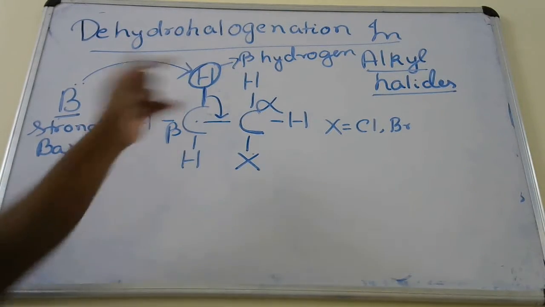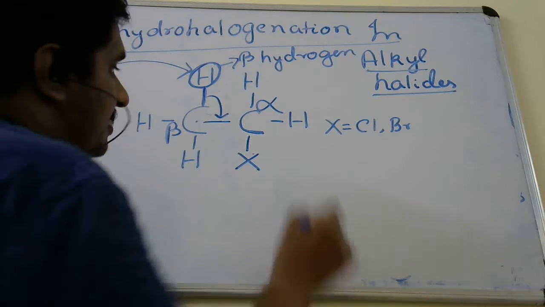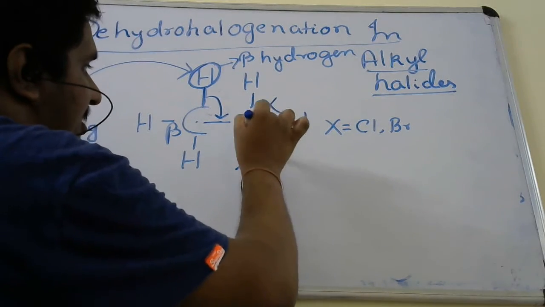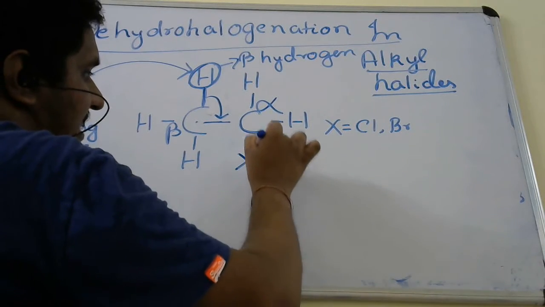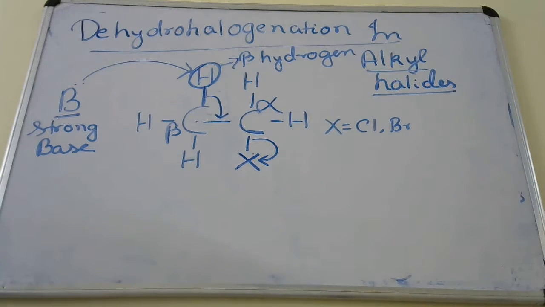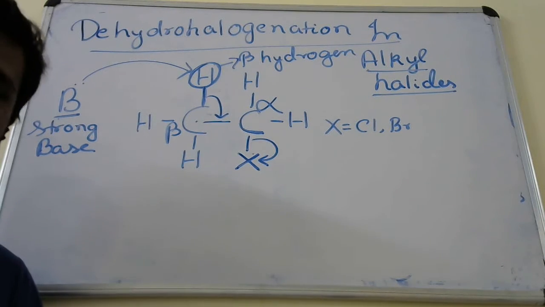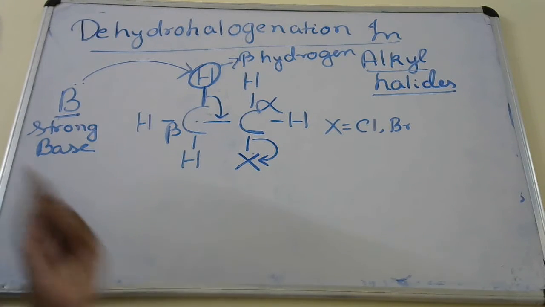You can see the arrow movement. And the halogen attached to the alpha carbon will also leave. So two processes are happening.